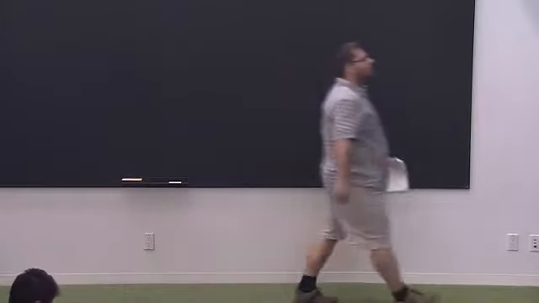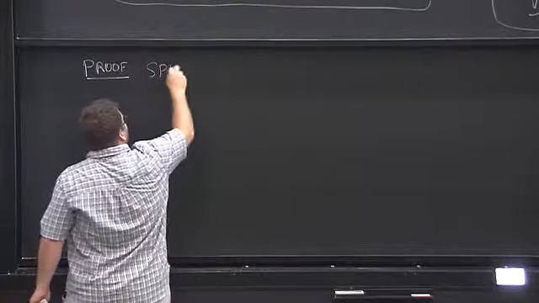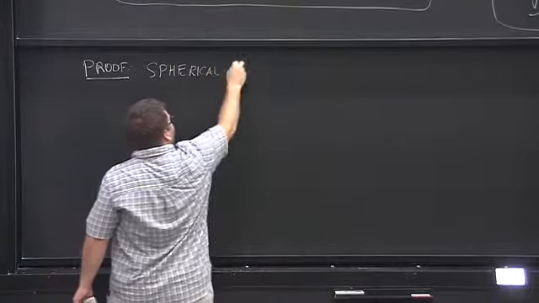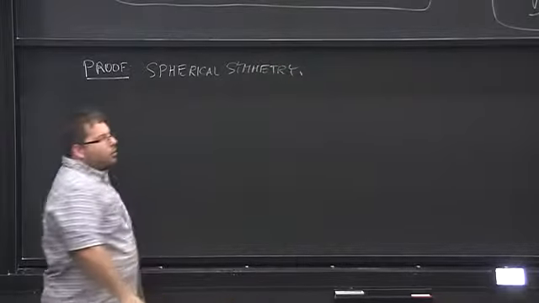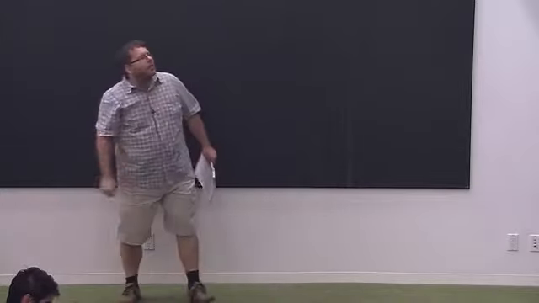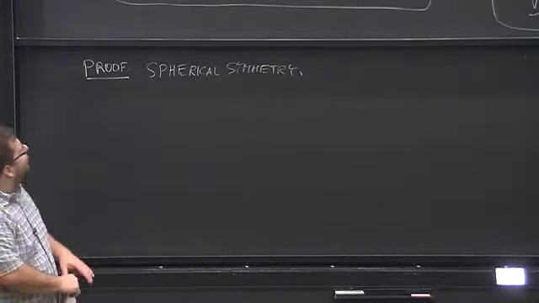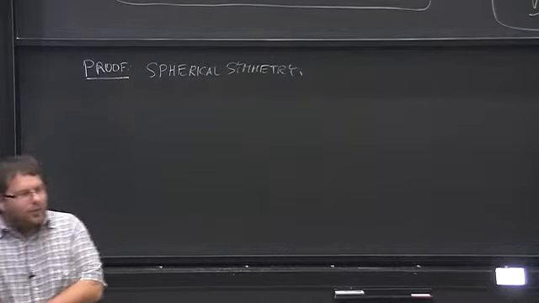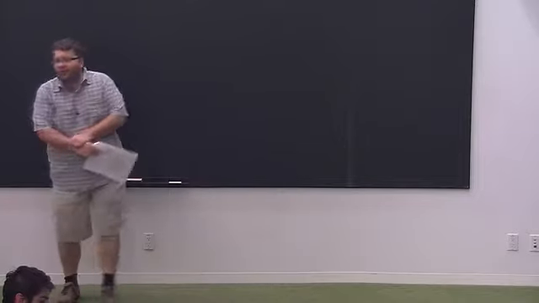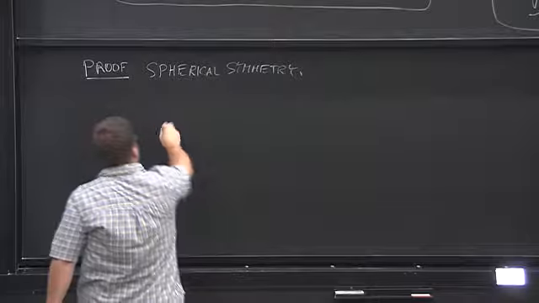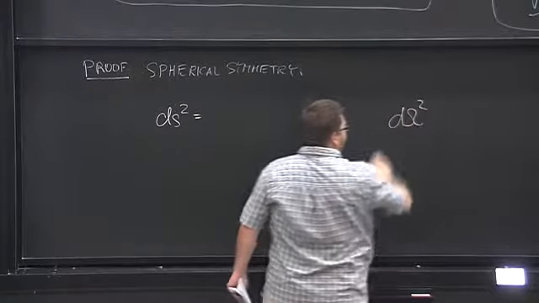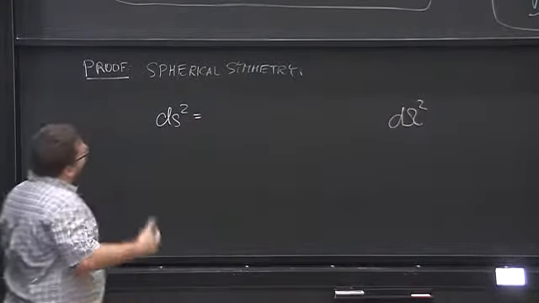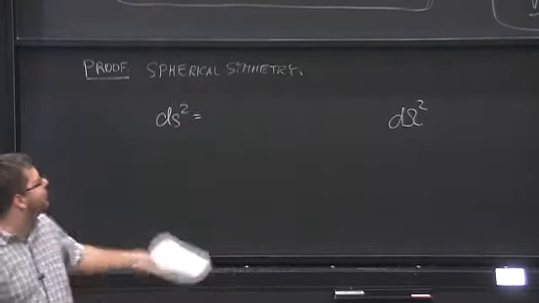Spherical symmetry tells you that if I fix the radial coordinate and the time, then I have to have a sphere. So in my ds squared I have to have d omega squared. Whatever I switch off here, I necessarily have to have the sphere. So that's the metric for the sphere.